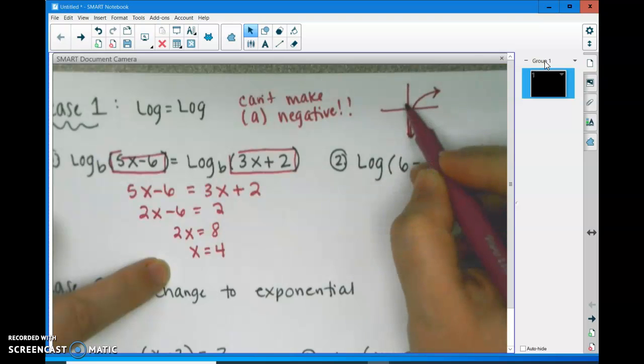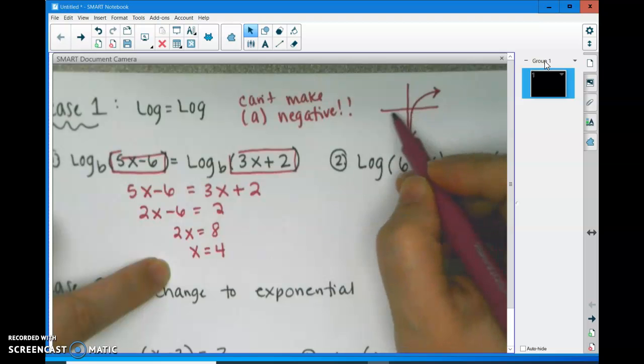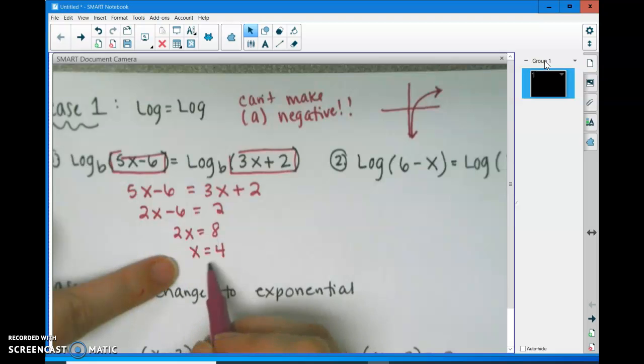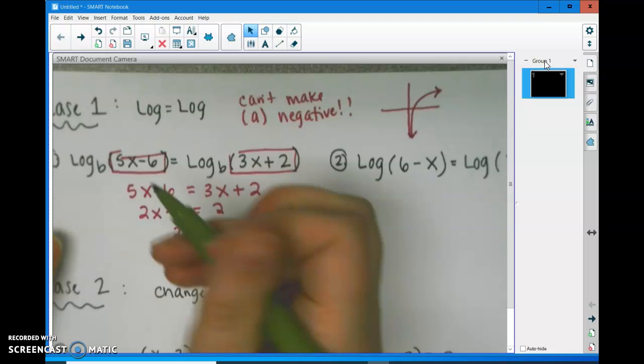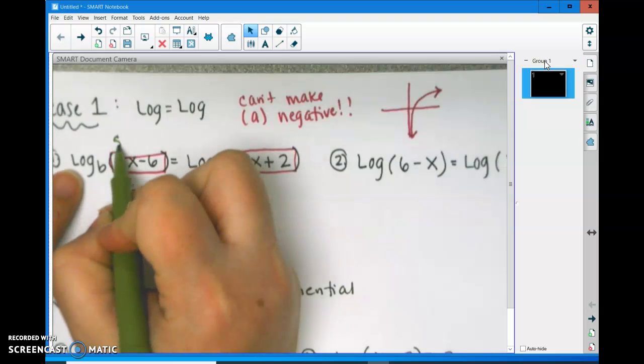There is a vertical asymptote. The graph does not go into the negative side of the graph. So your answer for x is allowed to be negative. But when I plug that in, my original argument has to be a positive number.